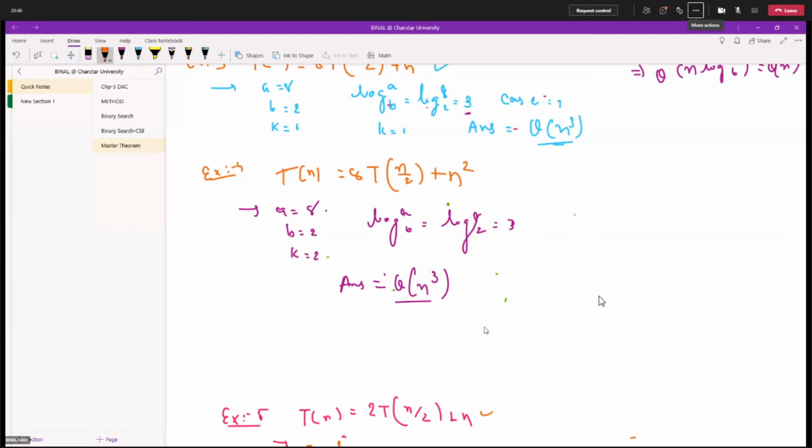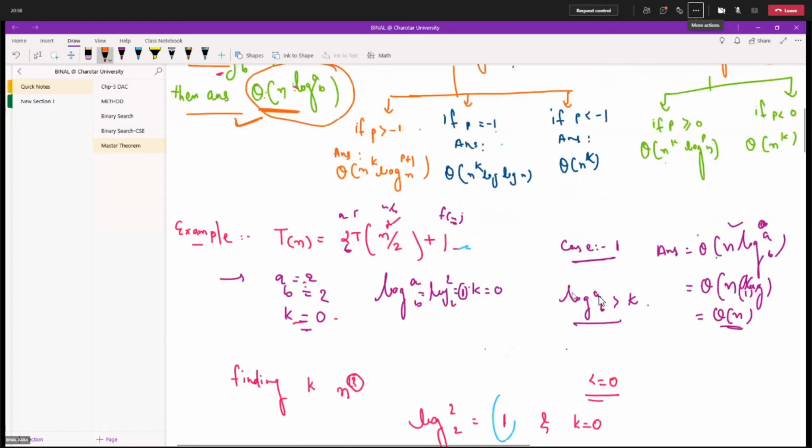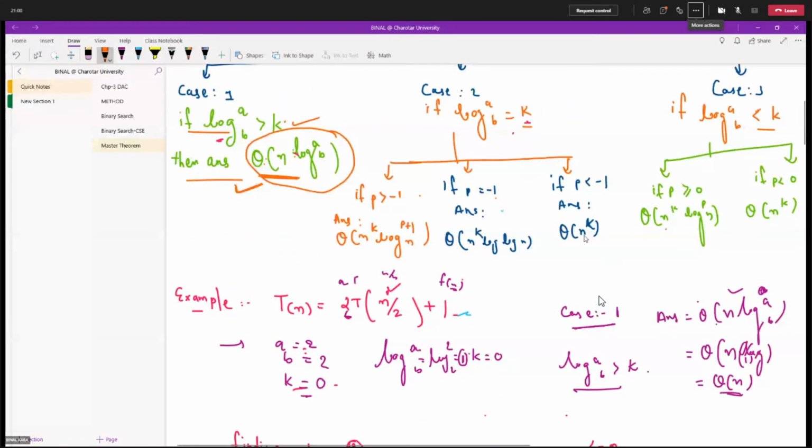No P value is mentioned, so we can assume P is equal to 0. If there is no value of P mentioned in the function and case 2 is satisfied, assume that P is equal to 0. If P is equal to 0, can I say P less than -1? Ma'am, P greater than -1. Sorry, P greater than -1. Yes or no? Yes, ma'am.